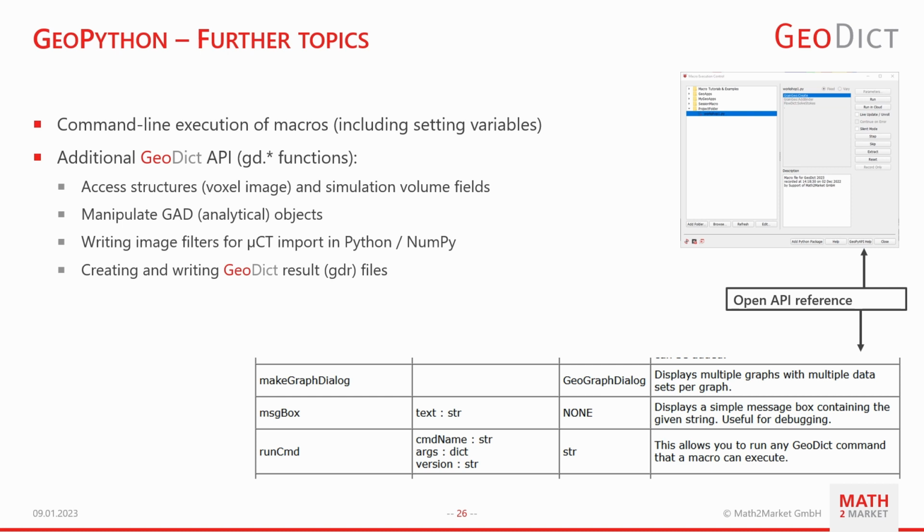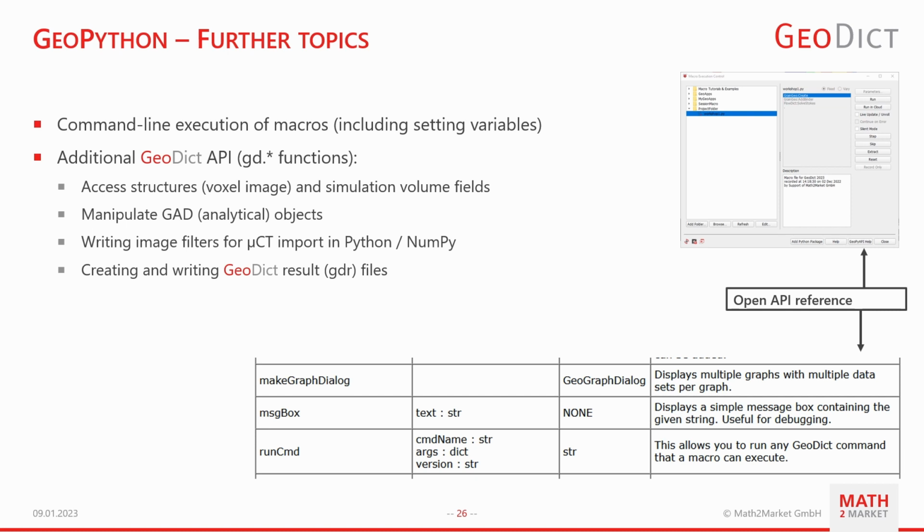So, for example, if you generate a fiber structure, you not only have the voxel image, but GeoDict also still knows the underlying fibers, basically like a chain of cylinders, if you will. You can manipulate these objects, therefore update the voxel image as well, and also create new objects if you want. You can create and edit all of the object types that GeoDict can create. You can also write, for example, image filters for import in Python using NumPy.